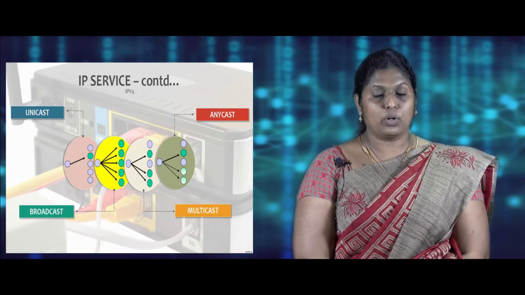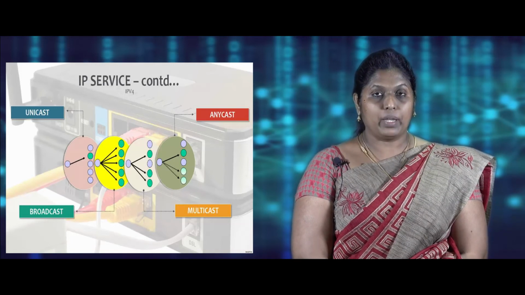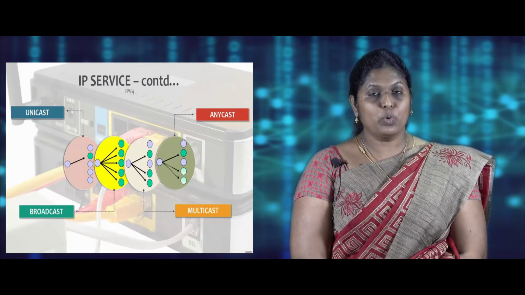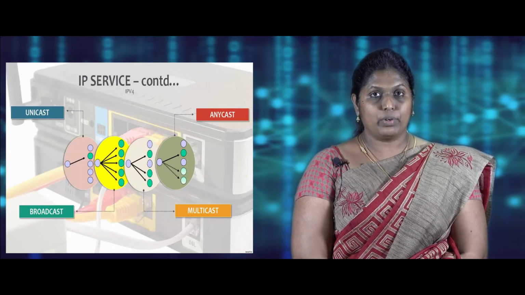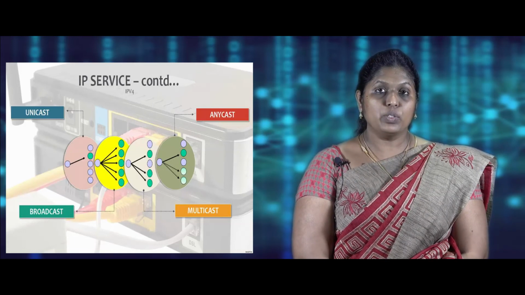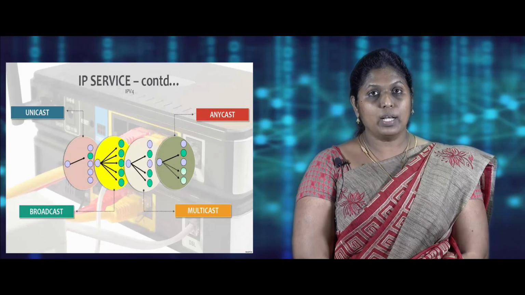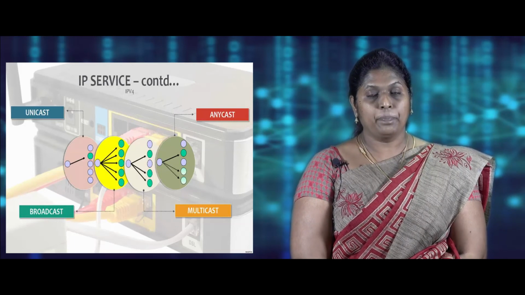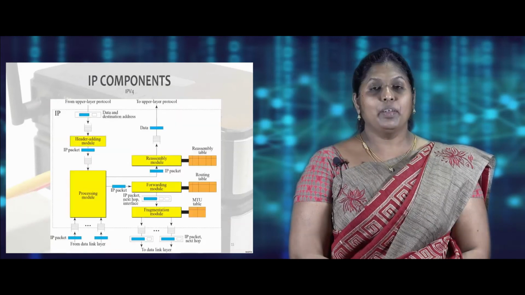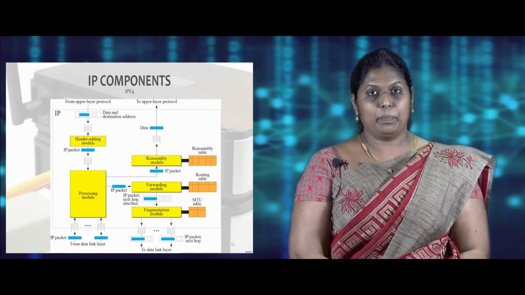The third one is one-to-many. This is multicast addressing, which is supported by the Class D addressing scheme. The last one is one-to-nearest, called anycast routing, and this is not supported by IPv4.